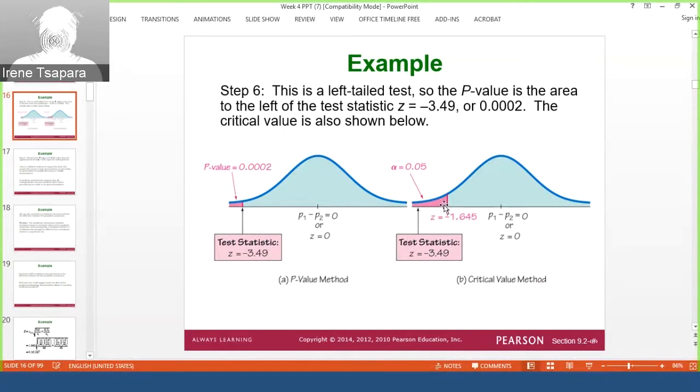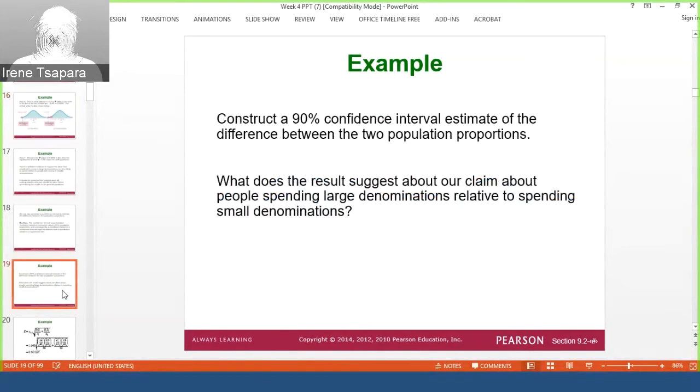But the difference is so small right here and doesn't have any practical significance. I cannot trust this that much. The only thing that this would tell me is that I should consider a different confidence level, a different alpha. So that's why it is very important to construct confidence interval estimates for all my measures.